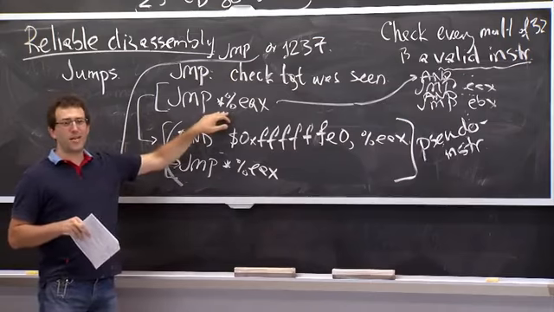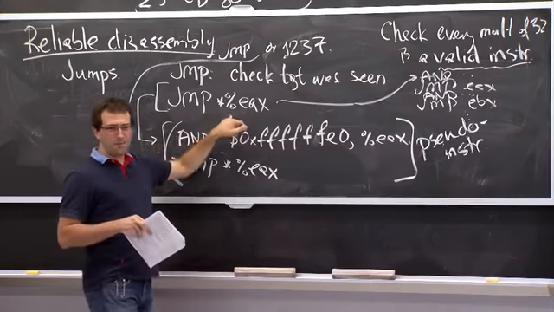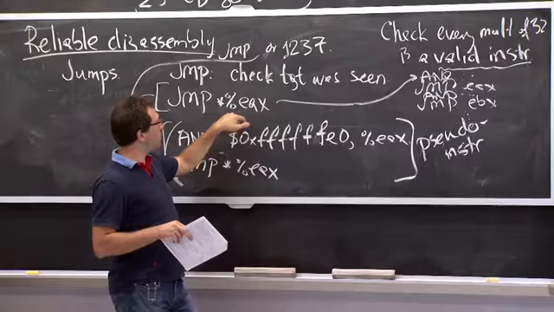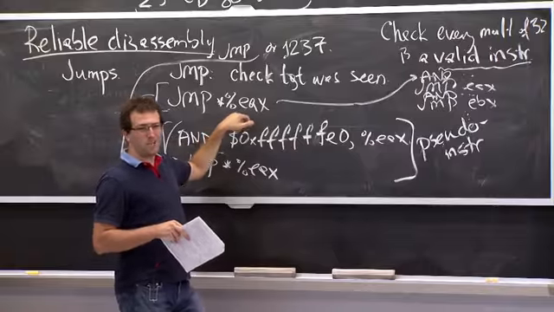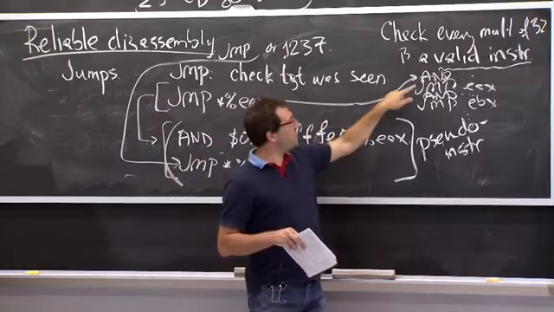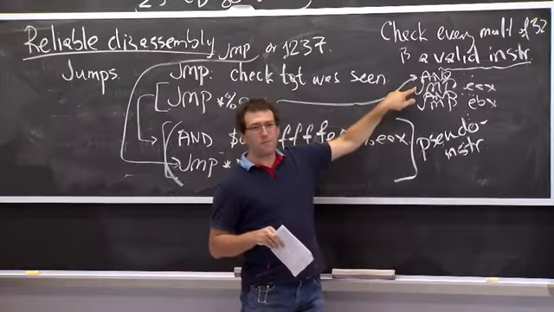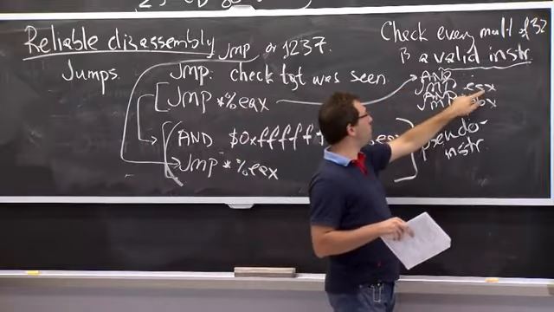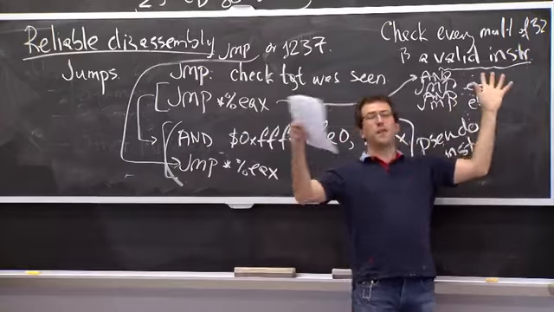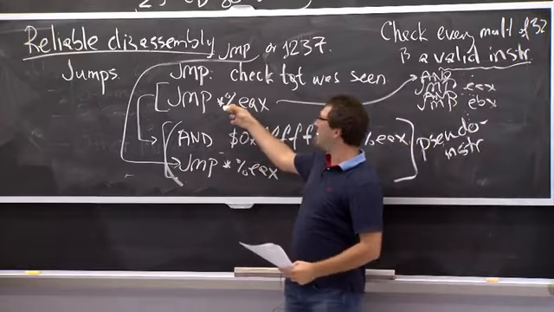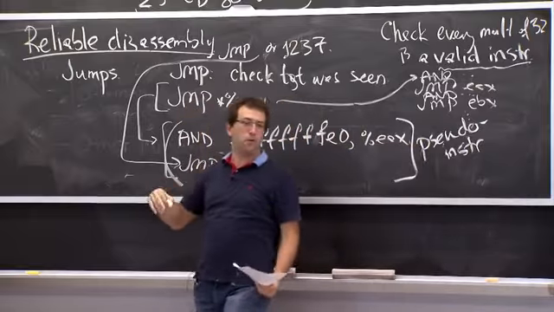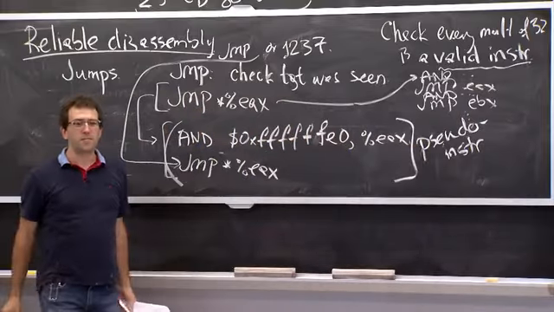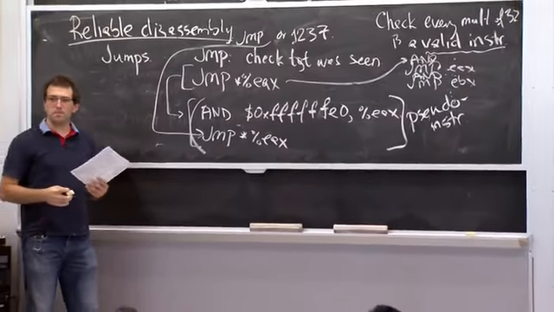So if you see an indirect jump, it is going to guess what the address is going to be. And this is a guess that's stored per cache line storing the jump instruction. So if you have a single place where all the jump EAXs come from, then the CPU is always going to be very confused, because these jump EAXs seem to be going all over the place. Whereas if you really tie it to a particular jump instruction, it'll be a better prediction. But that's just a sort of performance trick that they play.